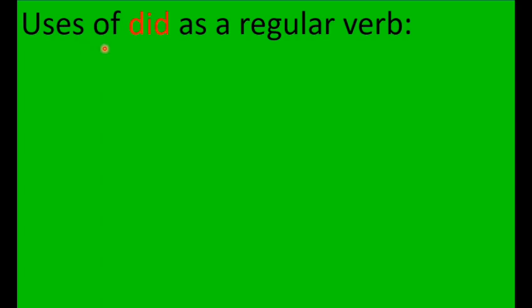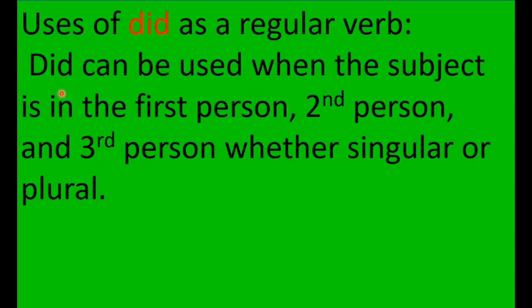Now, here are the uses of did as a regular verb. Did can be used when the subject is in the first person, second person, or third person, whether singular or plural. So, there is no confusion here in did. Whether you are in the first person, second person, third person, singular or plural, you can use did.